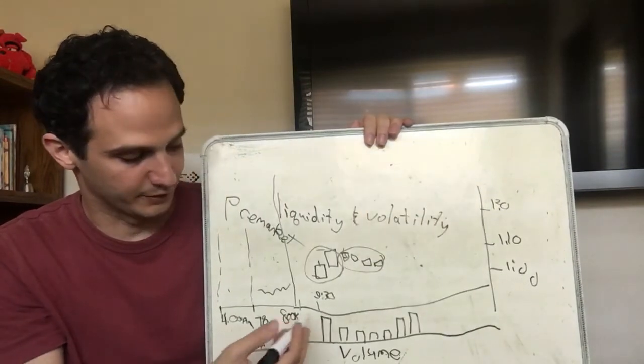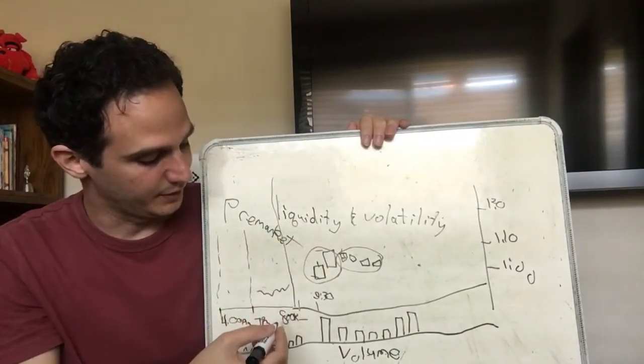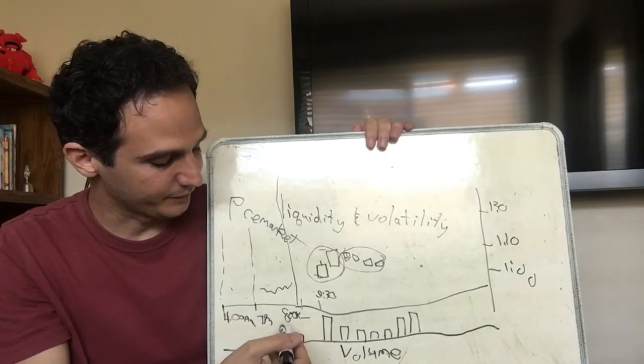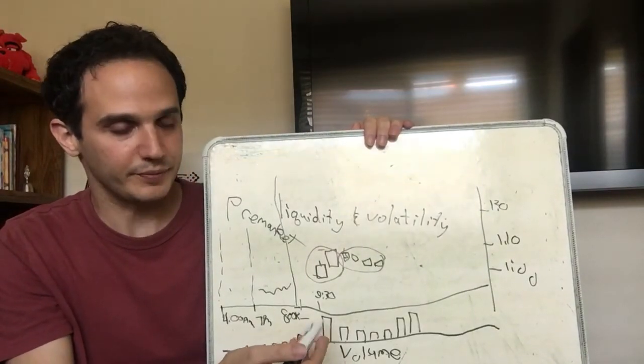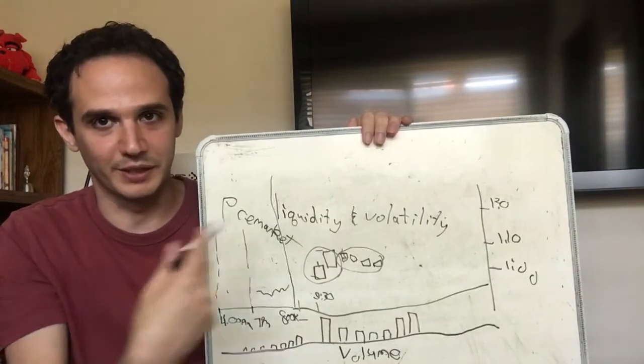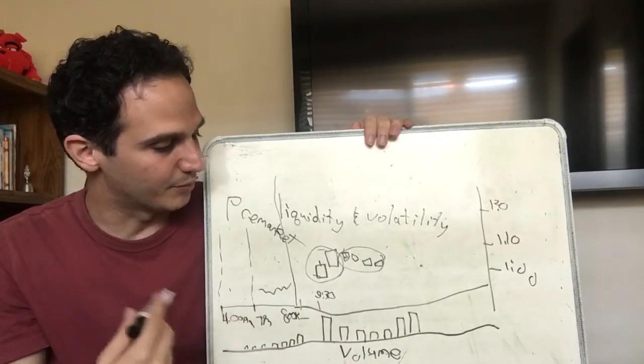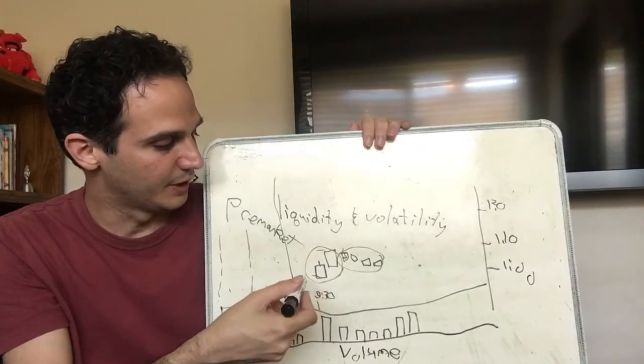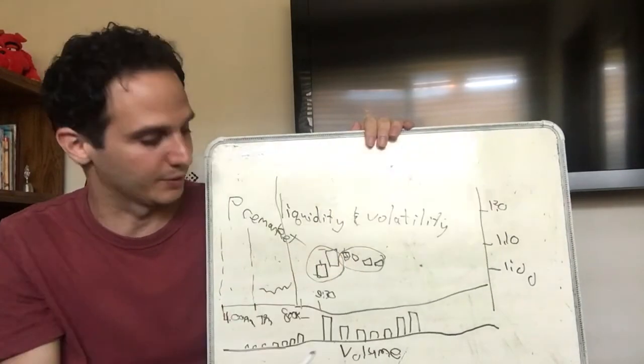But again, if this was not liquid, if this was only 80K volume, those day traders wouldn't be able to easily buy 10,000 shares, get in and out, and make a quick 10%.